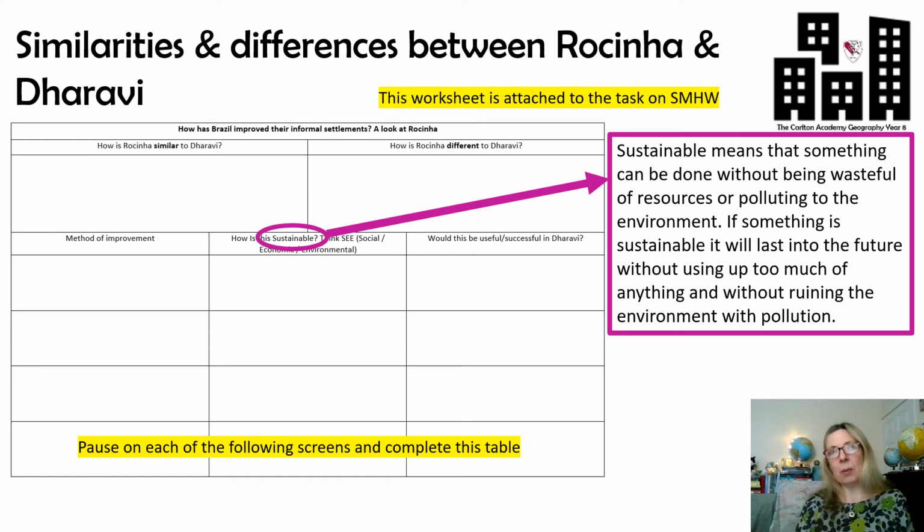So sustainable means that it's a solution which will carry on being a solution in the future, not a solution now which becomes a problem in the future. I've written something out for you there. Sustainable means that something can be done without being wasteful of resources or polluting to the environment. If something is sustainable, it will last into the future without using up too much of anything and without ruining the environment with pollution.